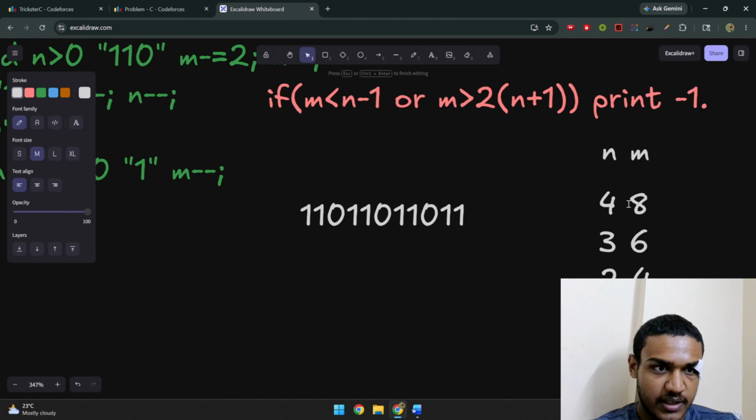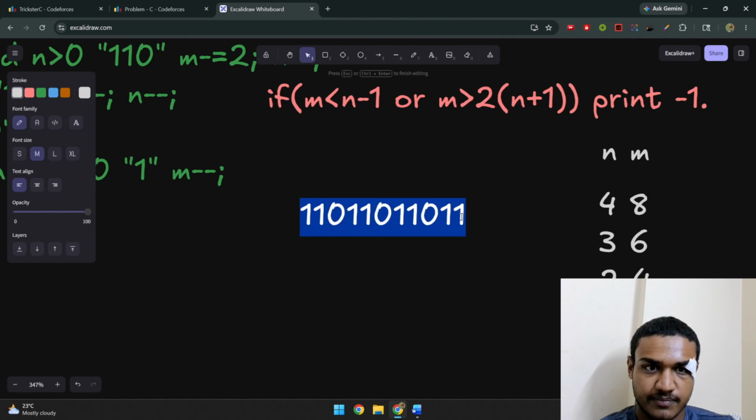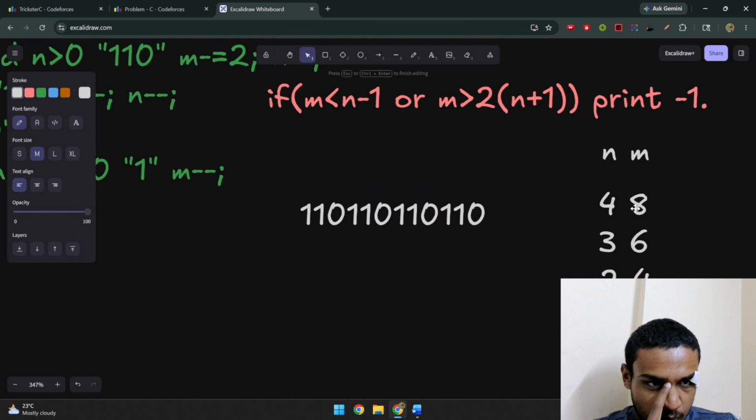Since it's 4 comma 8, it should be 1 1 1 0, so it'll be 4 3 6. Yep, and then 1 1 0. Since it's 1 1 2, it'll be 1 1 0 over here. Oh, my bad. So you'll have 1 1 0 1 1 0 1 1 0 1 1 0 1 1 0 1 1 0 1 1 0 1 1 1 2 3.